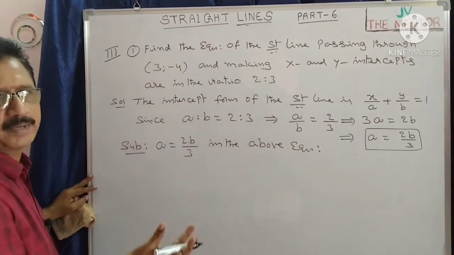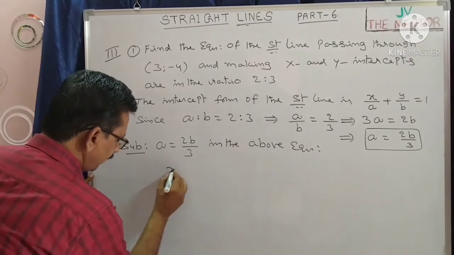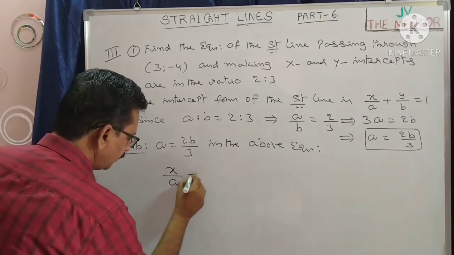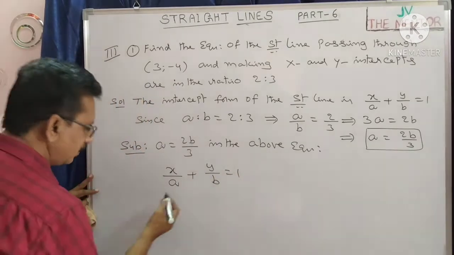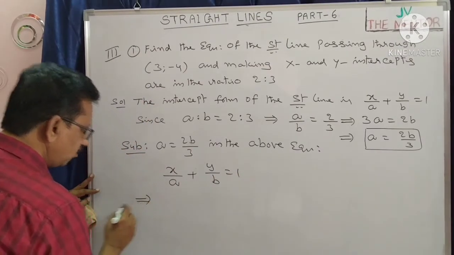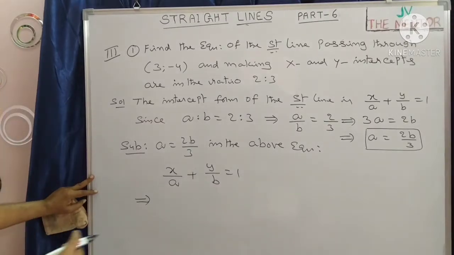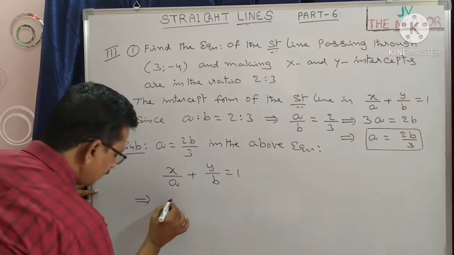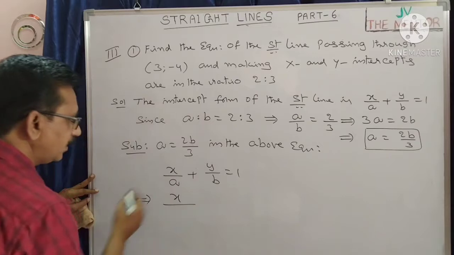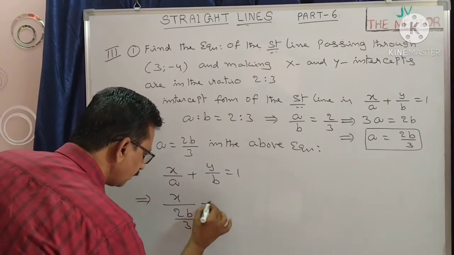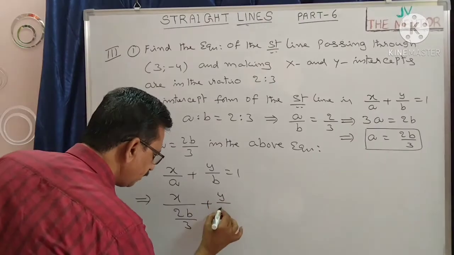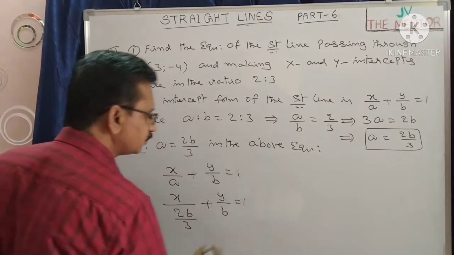X by a plus y by b equal to 1. This is the above equation. Now substitute a equal to 2b/3 in place of a. x by, here a is 2b/3, plus y by b equal to 1.